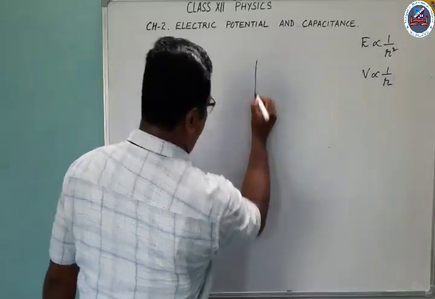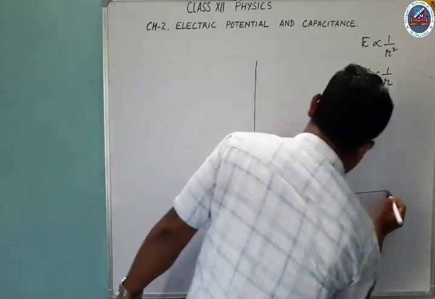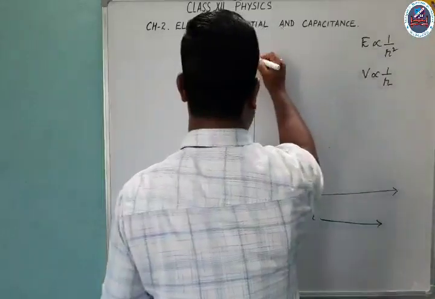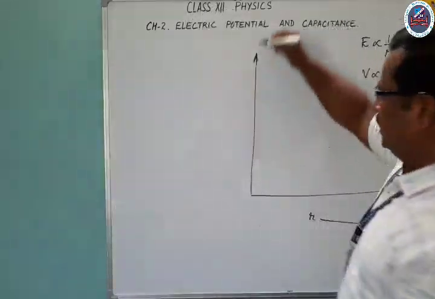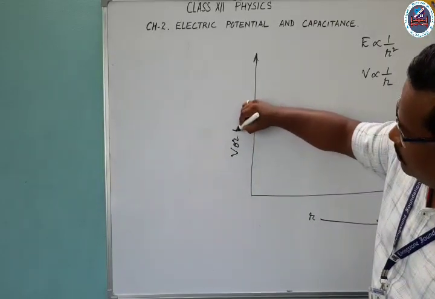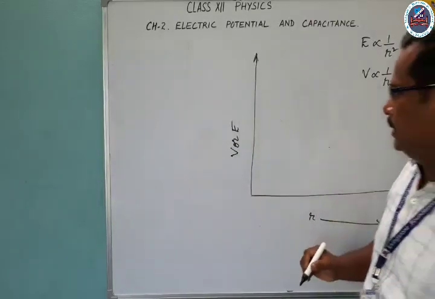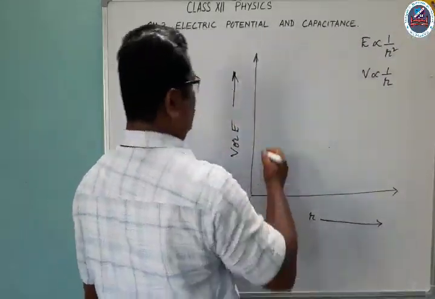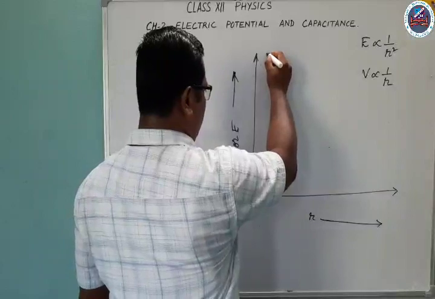So if I plot a graph between them, it will look like this. Suppose this is distance r, and towards my y-axis, suppose I am taking electric potential or electric field intensity E along y-axis. Then both the curves will come down like this.